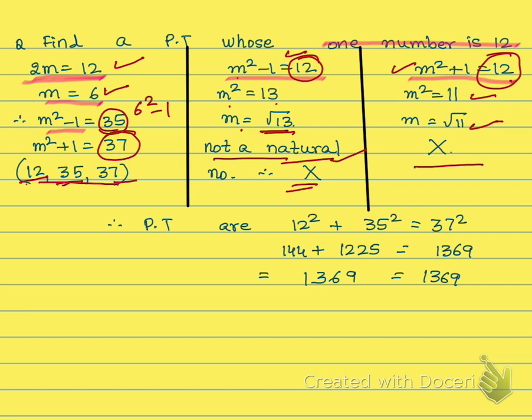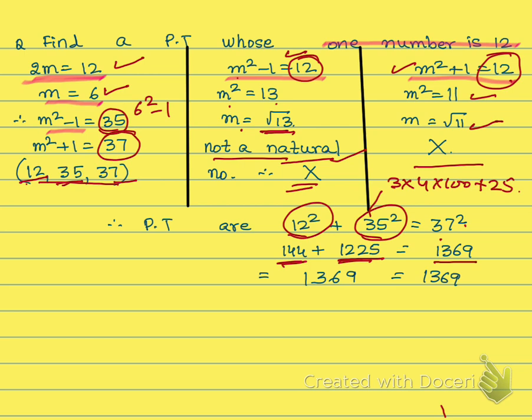Let's check our answers. 12 square gives me 144. 35 square, I'll apply, remember? 35 square, 3 times 400 plus 25. Simple. Gives me 1225. So 37 square, this becomes a little tricky. So I have the answer 1369.